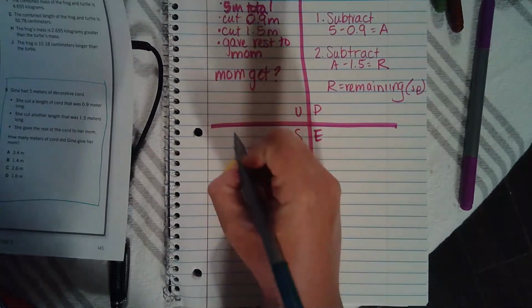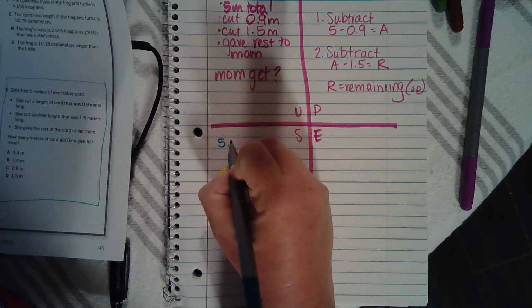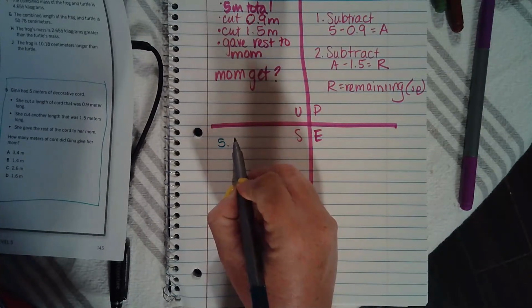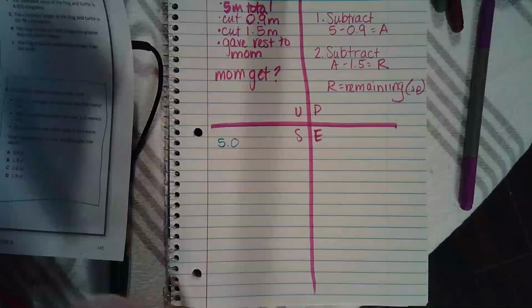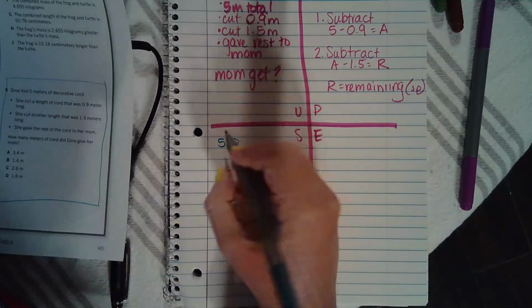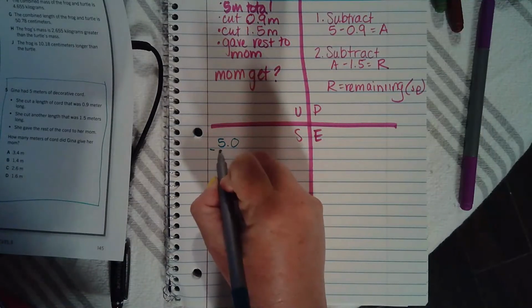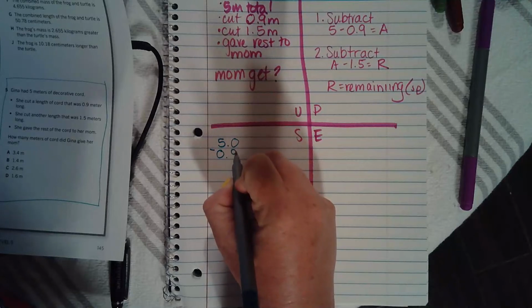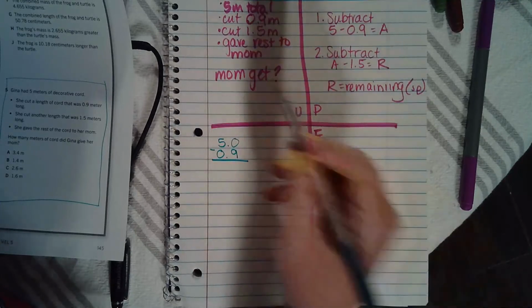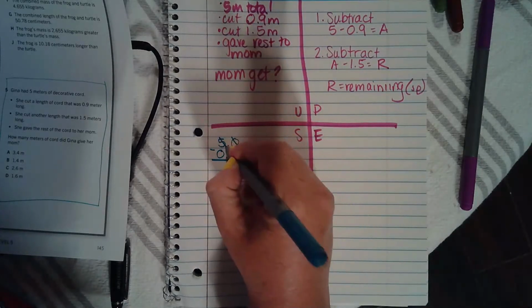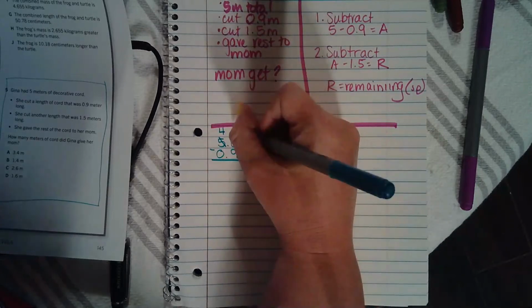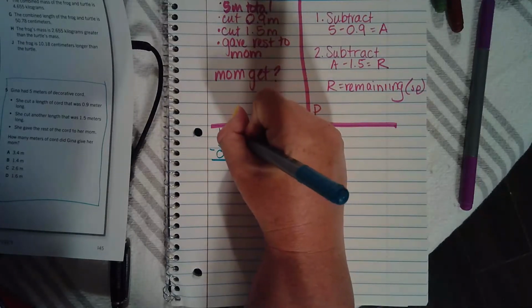So I'm going to set up my problem for subtraction, 5. And since I don't have anything in the tens place, I'm going to go ahead and put a 0, not change the value, and then I'm going to subtract the 0 and 9/10. Okay, borrow from my neighbor, that becomes a 4. And this becomes a 10.